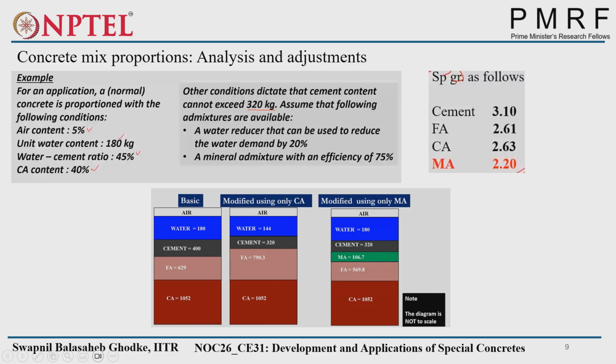So paste content means powder content plus water, right? So paste content in this one is higher as compared to the base mix. So this is a very important observation. You can see because of replacing cement by mineral admixture, we are increasing the paste content also.